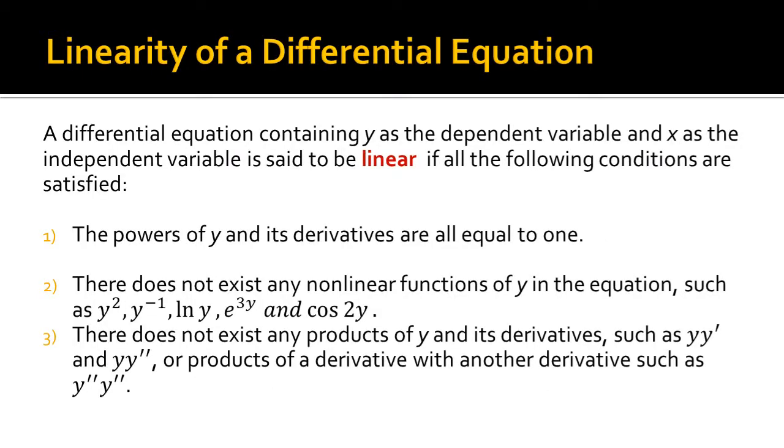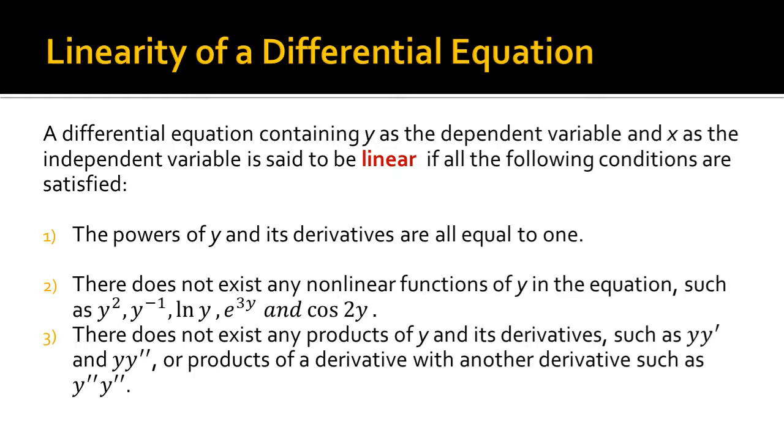Linearity of a differential equation. A differential equation containing y as the dependent variable and x as the independent variable is said to be linear if all the following conditions are satisfied. First, the powers of y and its derivatives are all equal to 1.